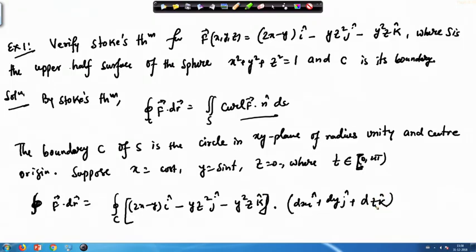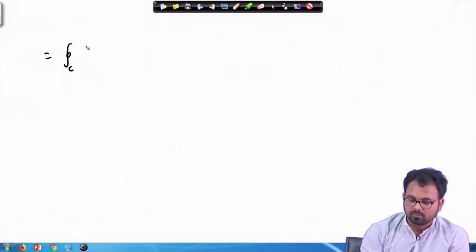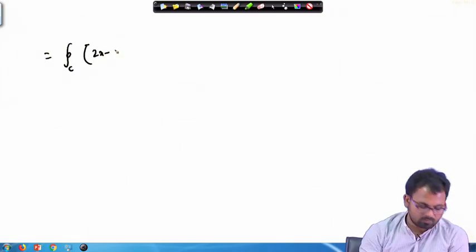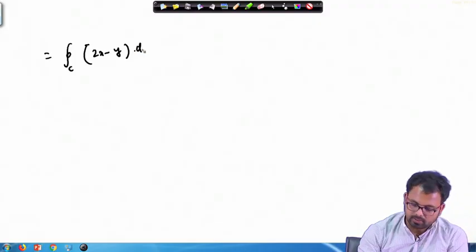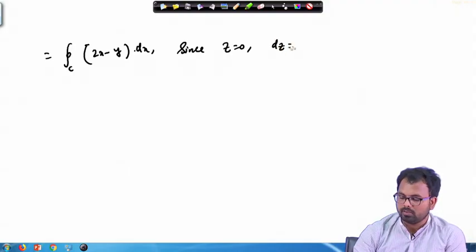If we take the dot product, this will be basically (2x minus y) dx, since z equals 0 and dz is 0.